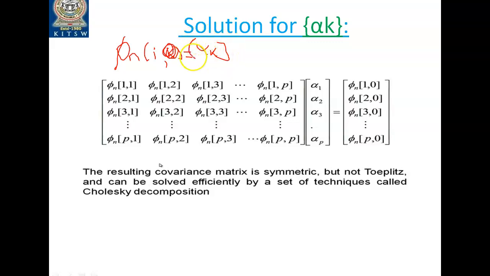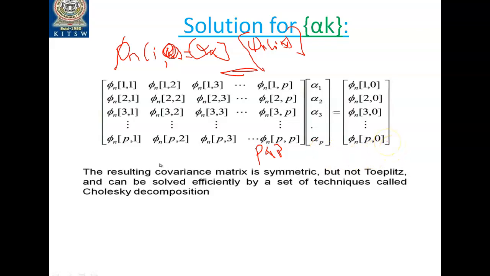This is a column vector into the row matrix, and the column matrix will be having phi n of I comma k. You can easily represent the matrix form like this. When you substitute I equal to 1, k equal to 1, this is the way. This is a p by p matrix we will be getting, and this is a column matrix, and this is also a column matrix.